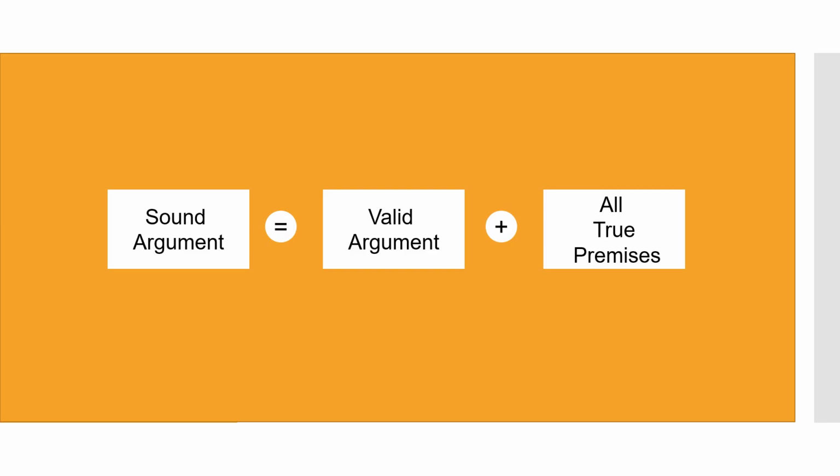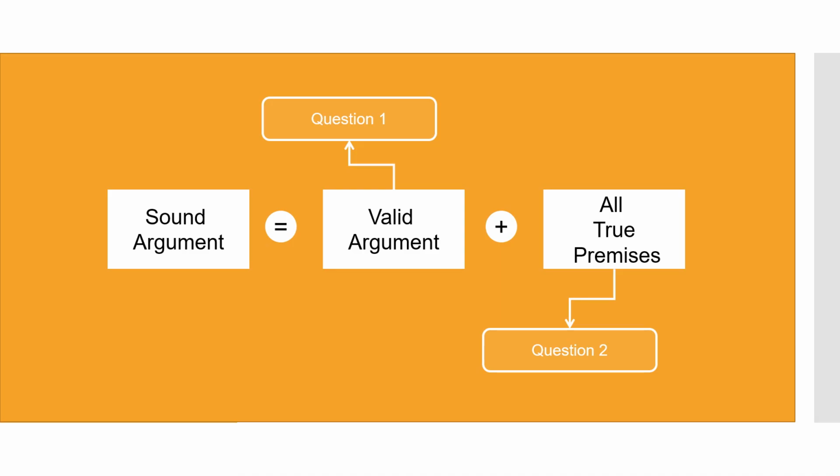Now, a sound argument is a deductive argument that is valid on one side and that has all of its premises true. These two sides of the equation, the valid and the true premises part, essentially deal with our different questions. The question of validity asks, do the premises logically support the conclusion? And the second question, are the premises true, deals with the other half of this equation.